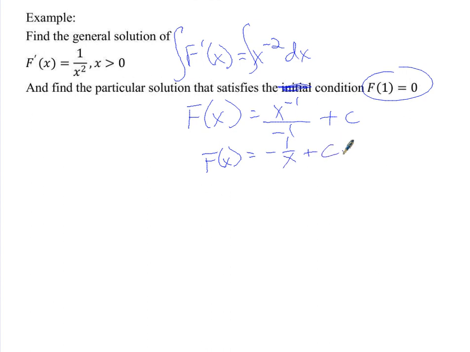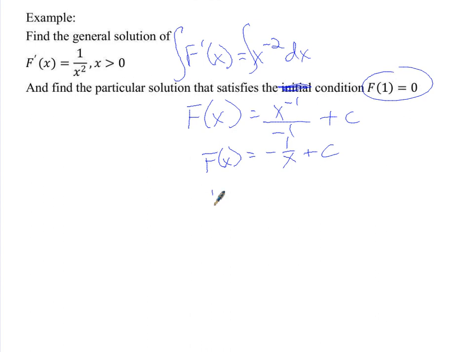That's the general solution. It doesn't say find the general solution. If it did, then that would be it. We want the particular solution. So what do I do? No, we don't. This is not the initial, it's not technically an initial condition because that's not f at 0. Well, it's f at 1 when you plug in 1. There you go.